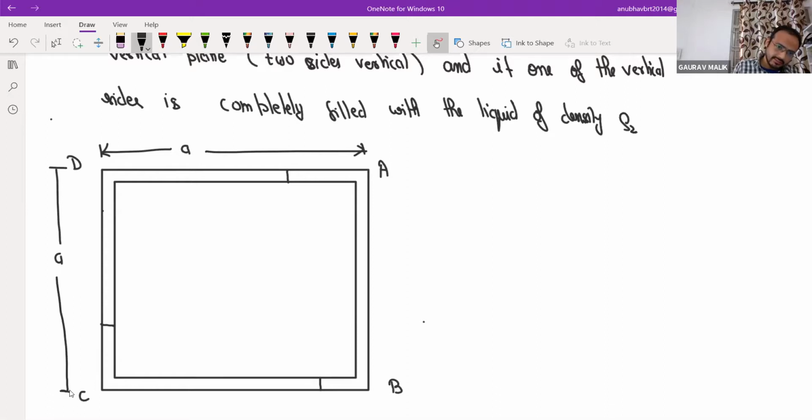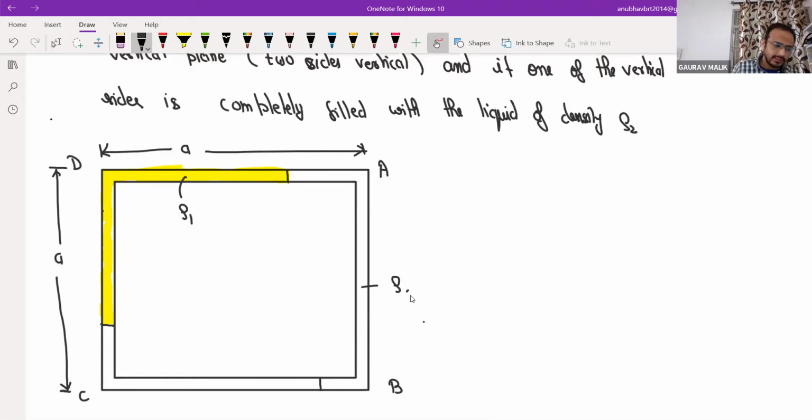Having side A, assume this fluid has density rho 1. This fluid has a density rho 1.